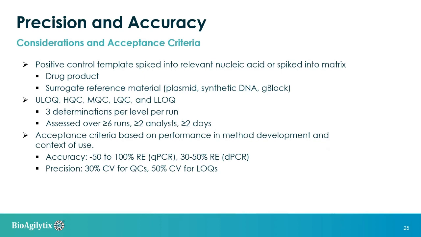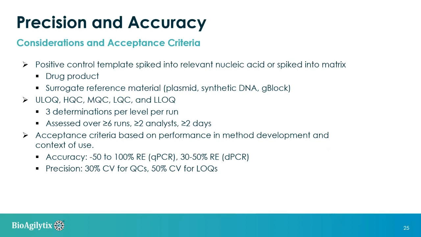And another thing I want to stress with these recommendations listed on the slide is it does differ, and they seem a little bit wider if you're used to, for example, a platform like ligand binding assays or LCMS, where those acceptance criteria are known to be much tighter or smaller.